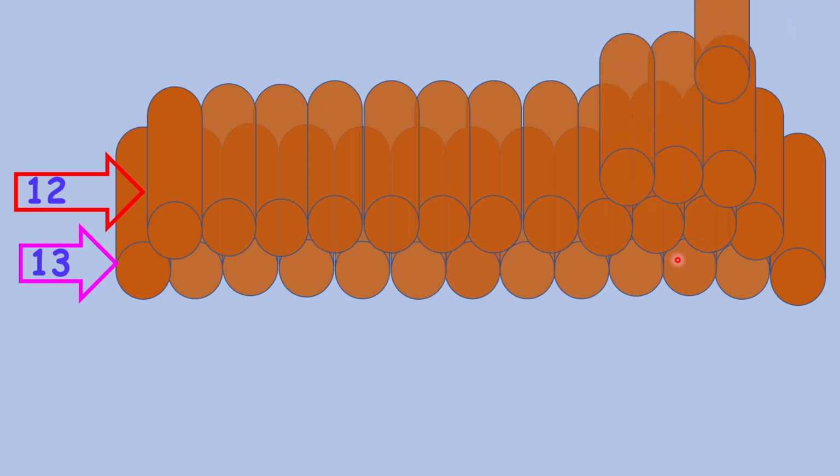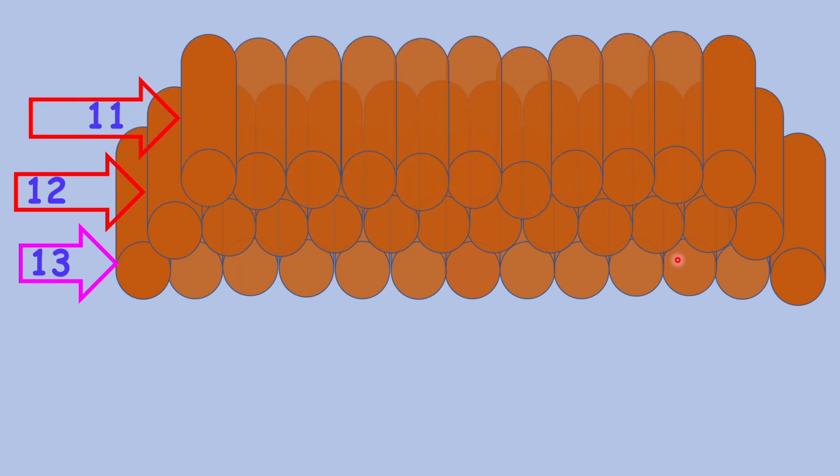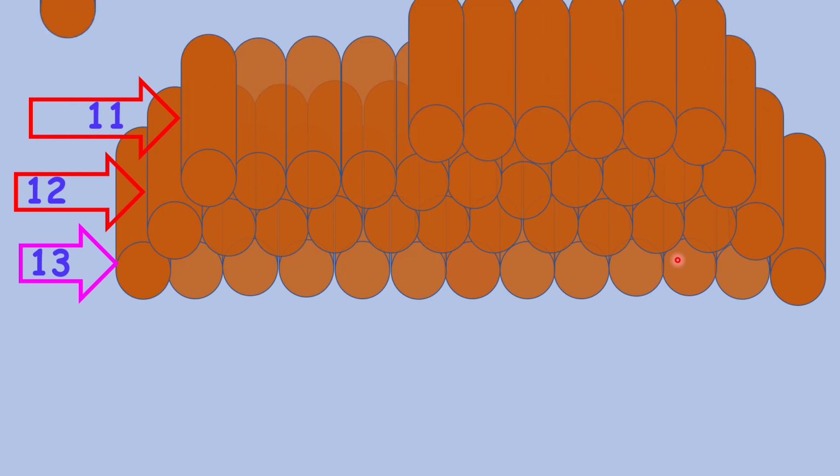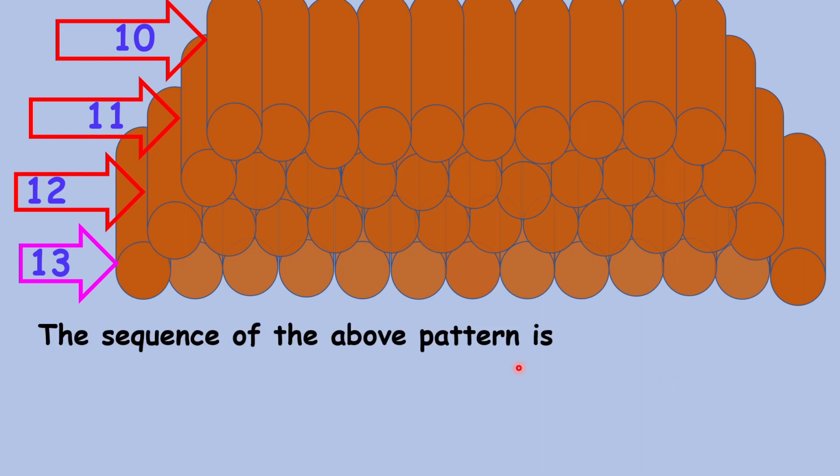There are 11 logs in the third row. There are 10 logs in the fourth row, and so on. The sequence of the above pattern is 13, 12, 11, 10, and so on.